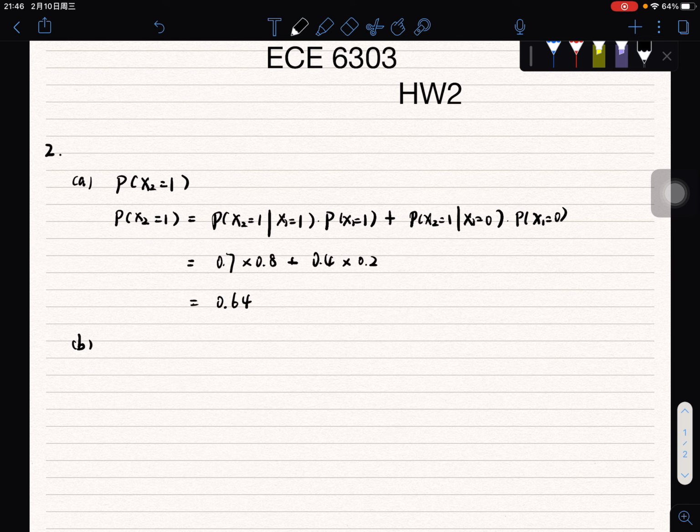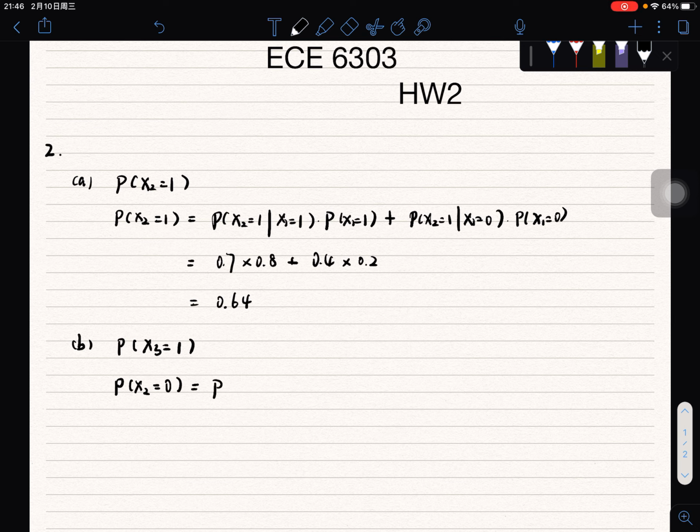Then the second question is to calculate the probability of x3 equals 1. First, we use the same method to calculate the probability of x2 equals 0.